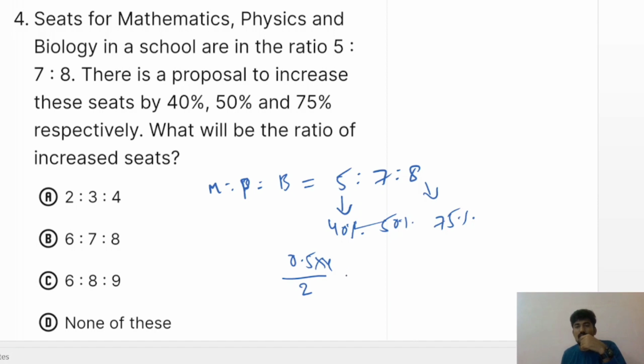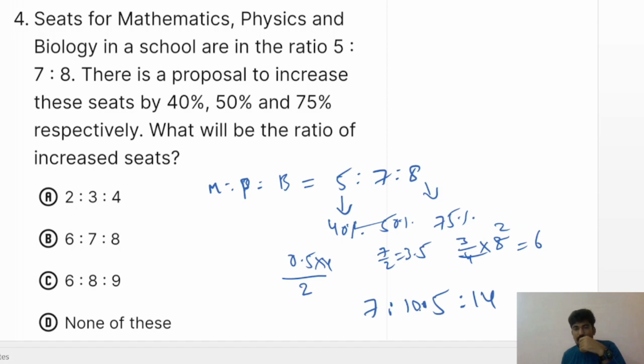So 2 is increased: 5 plus 2 is 7. 50% means 1 by 2, of 7 is nothing but 3.5. 3.5 increased: 7 plus 3.5 is 10.5. Then 75% means 3 by 4, into total 8. 4 twos, 3 into 2 is 6. 6 parts increased, total 8 parts. 8 plus 6 is 14.